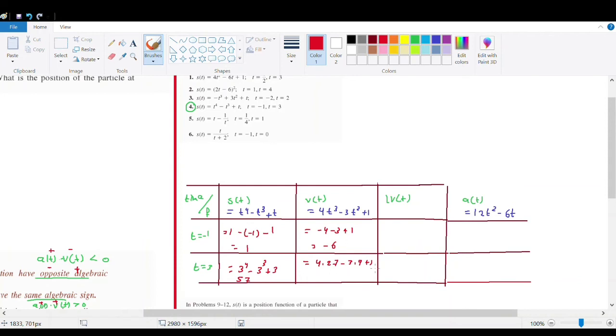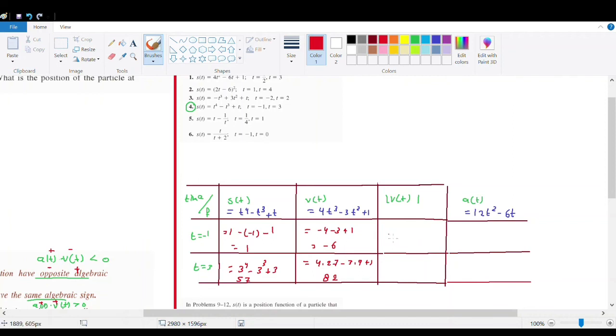So 108 minus 27 plus 1 is equal to 82. Then the speed is just the absolute value of the velocity, so the speed is always positive.